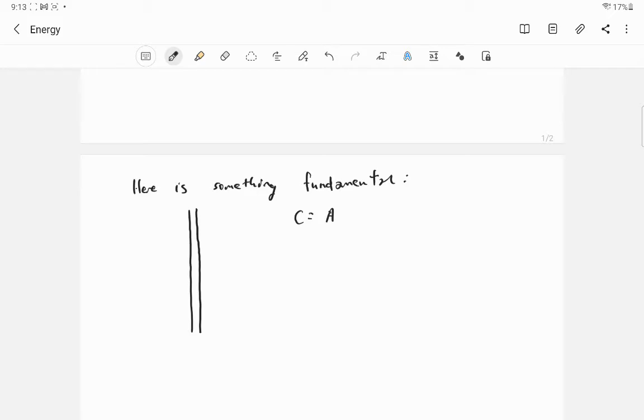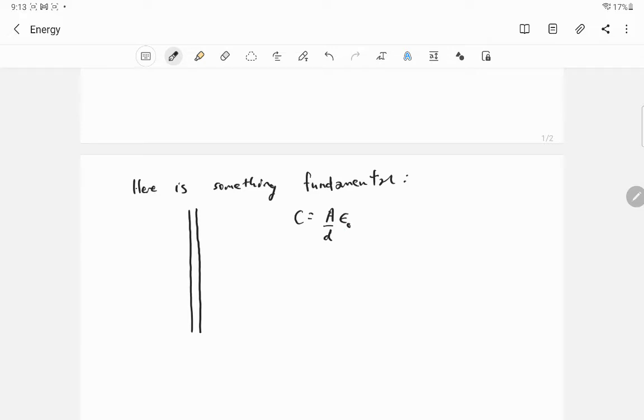So the parallel plate capacitor is A over epsilon naught D, I think. No, it's epsilon naught A over D. So it's A over D times epsilon naught. Yeah, so the epsilon naught is on top.